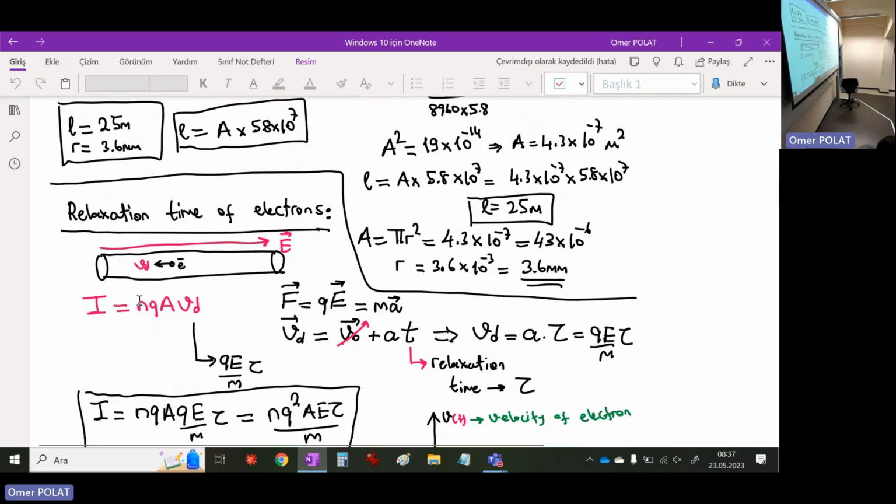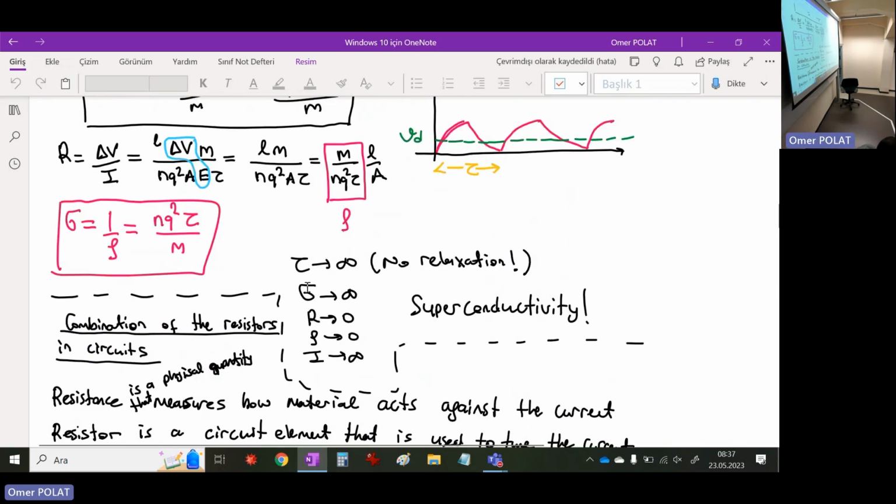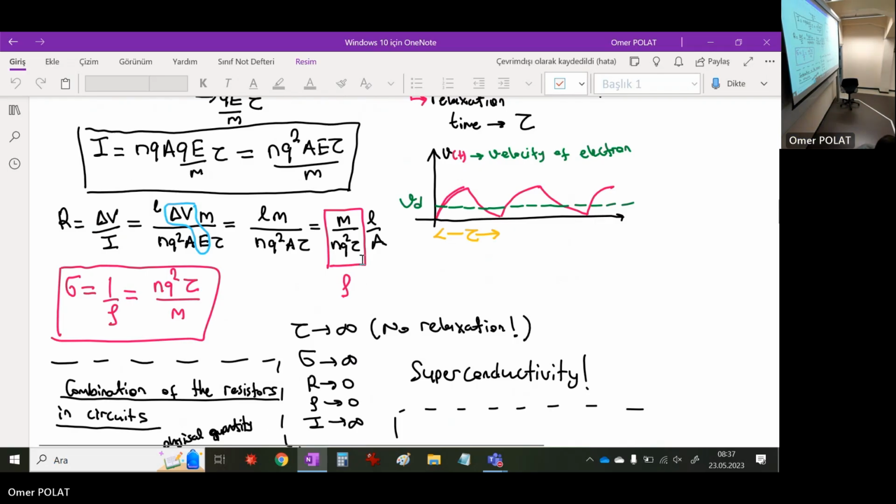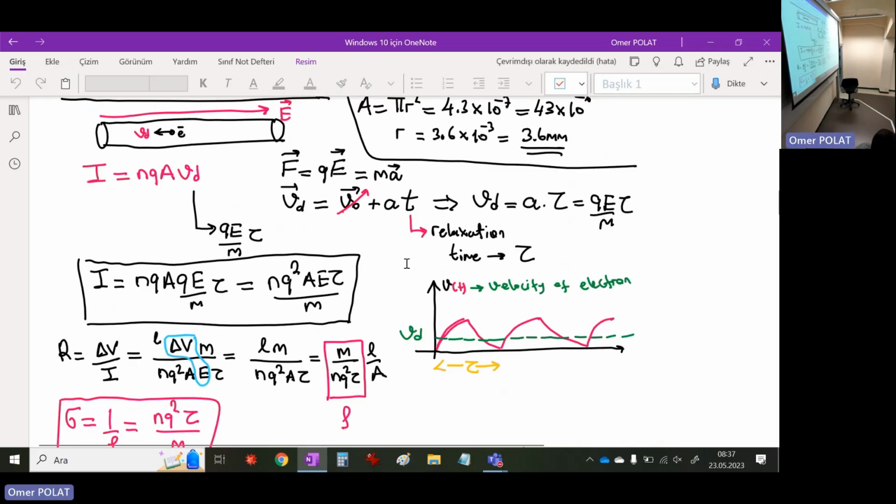Then we also describe rho as a function of relaxation time, and also current as a function of relaxation time. Relaxation time actually comes from the collision of electrons. So electrons are colliding when we apply the electric field, as we explained before.